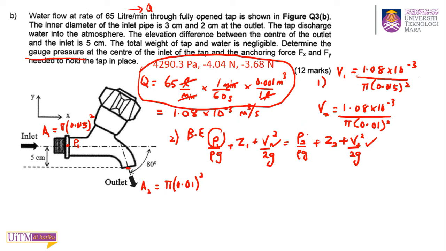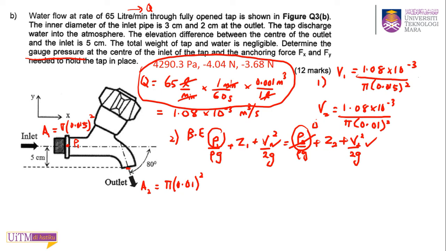Anyone guess? Zero. Why afraid? Speak louder. Zero. Wrong, because it is into the atmosphere. Okay, so P2 is 0. There's no pressure at point 2. So you can cancel out.